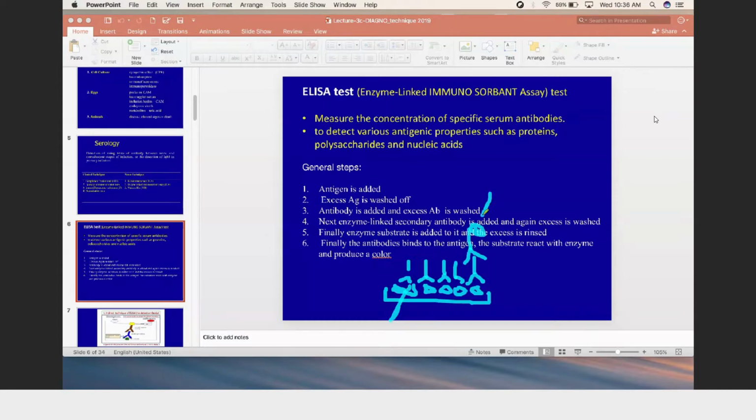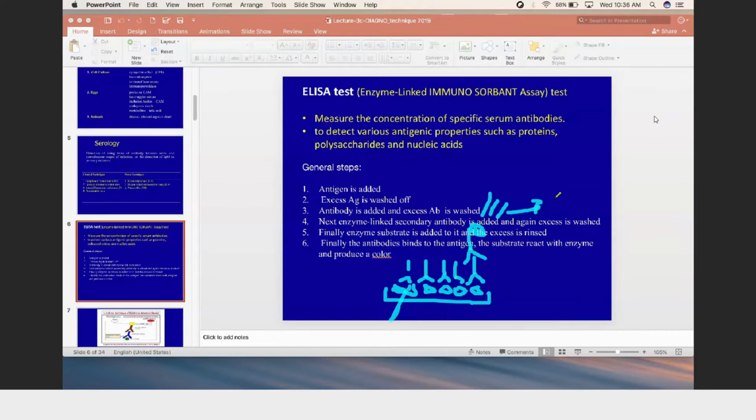Then after that, you add, let's say, chromogen. Chromogen is colorless. But if this chromogen reacts with the enzyme here, it will show a color.